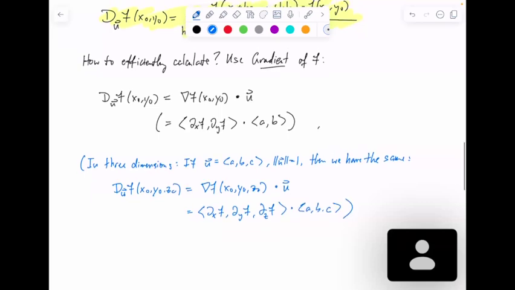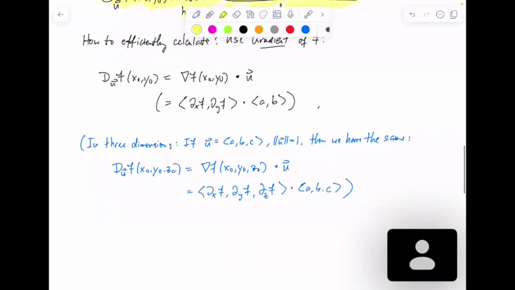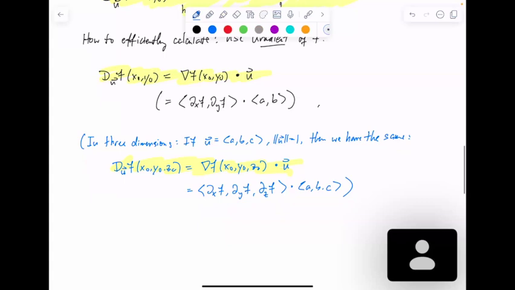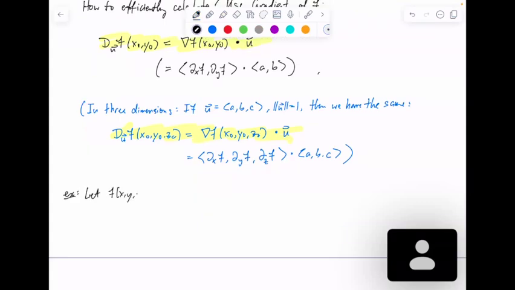For now, let's do a few examples on directional derivatives. All right, so examples.